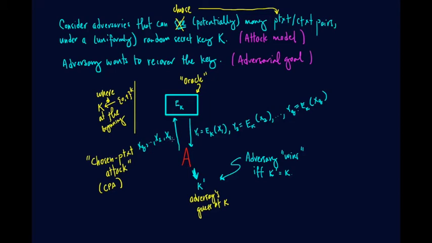Now, maybe it's even worth saying here that adversaries, we haven't said this yet, so maybe I'll put this in magenta so it's less confusing. Adversaries are randomized algorithms. So what do we mean by that?